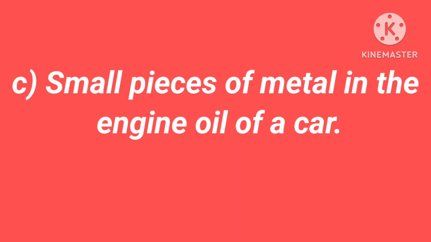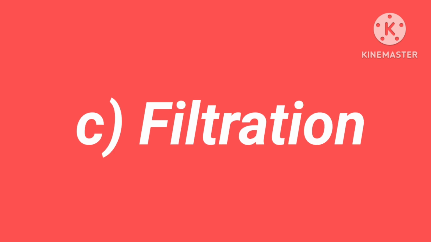Third question: small pieces of metal in the engine oil of a car. You know that engine oil is a liquid where small pieces of metal will be present. Metal is always a solid. Engine oil is a liquid and the metal is a solid.